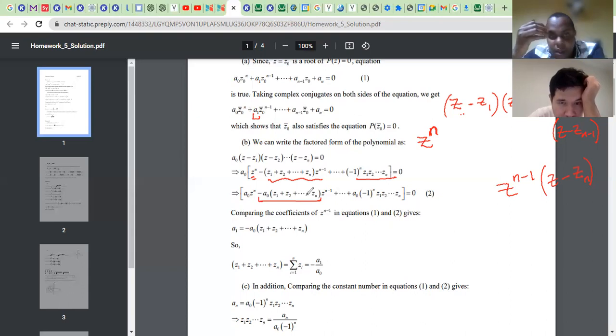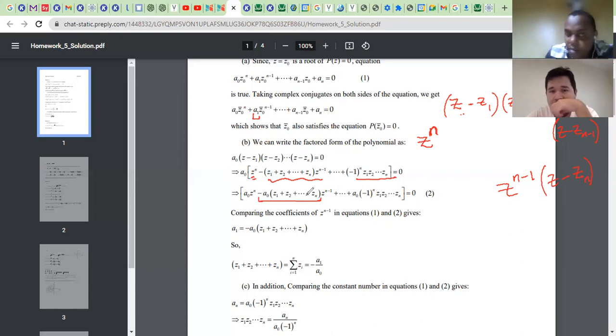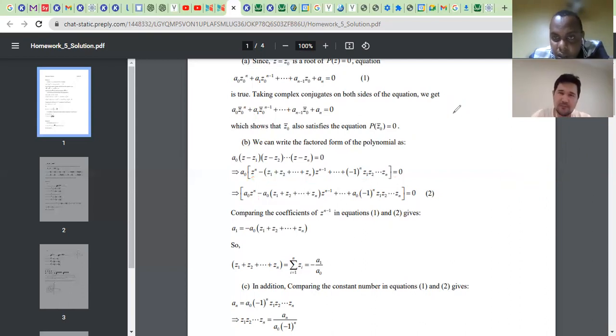Basically, it's a polynomial, and the variable is the Z. Yes, the variable is the Z. And for any polynomial, it's always A naught Z^n, A1 Z^(n-1), A2 Z^(n-2).